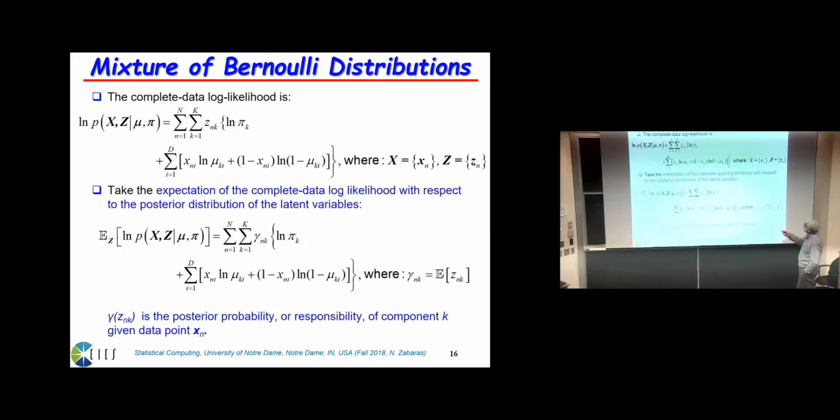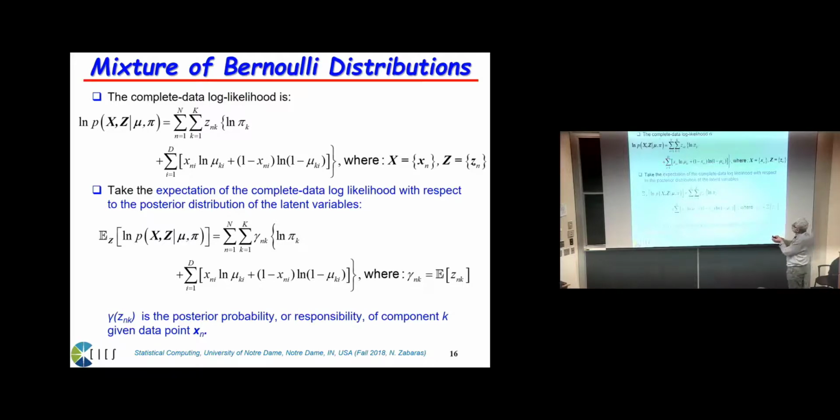The joint log likelihood looks like a summation over the data points, summation over the components of Z and K, which are my latent variables.